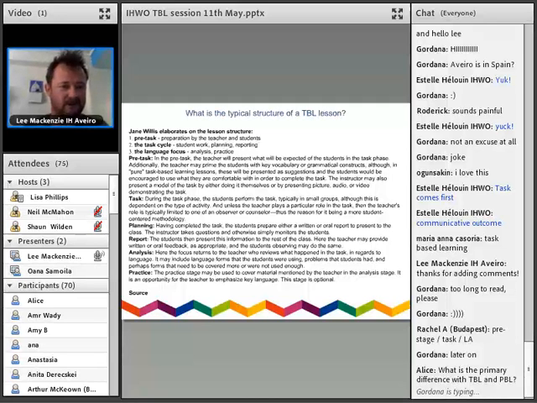Again, if you're interested in this kind of thing, there's a wealth of resources out there, and not all of the sources agree. Nunan, his interpretation of task-based learning is a bit different from Willis's, for example. Somebody's asking, what's the primary difference with TBL and PBL? The answer is, I don't know.